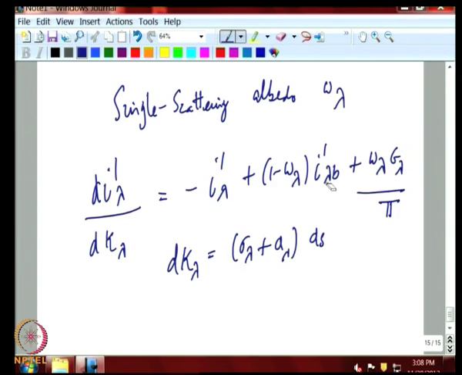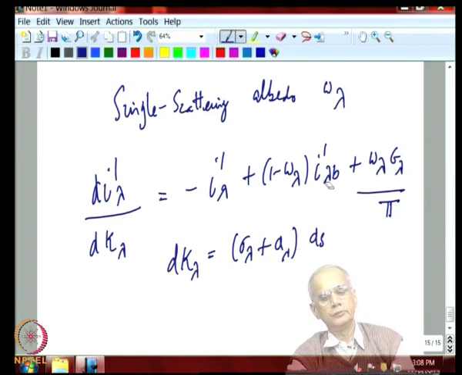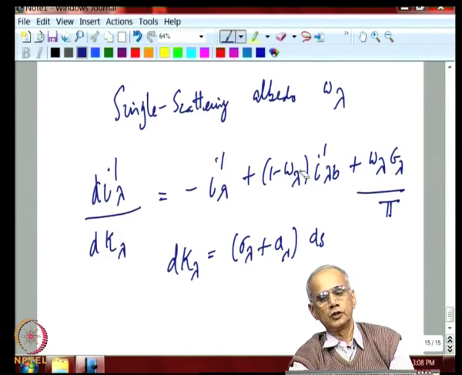This is the emission term and this is the scattering term. So, we see that in a non-scattering medium, omega lambda is 0, this goes away, this goes back to the original expression.